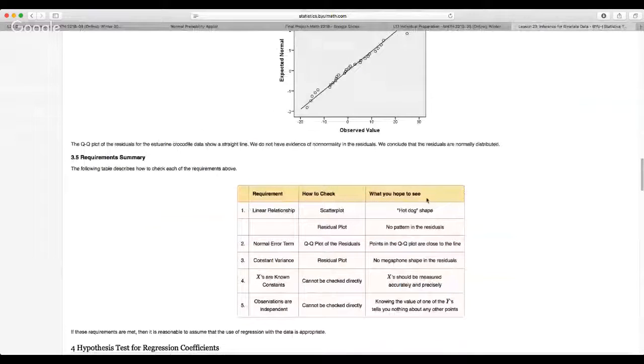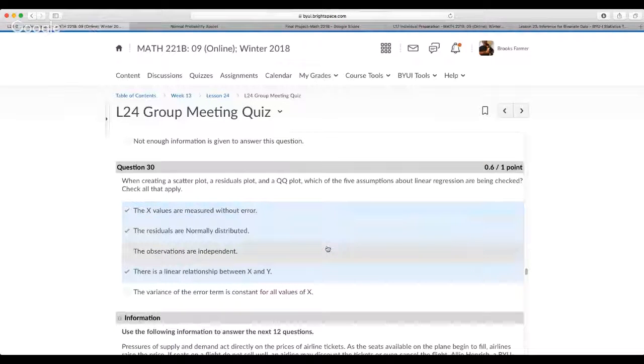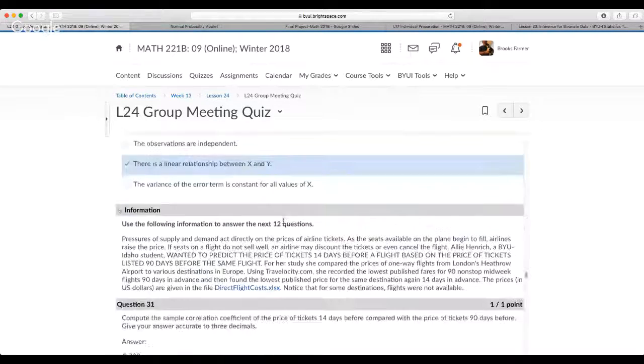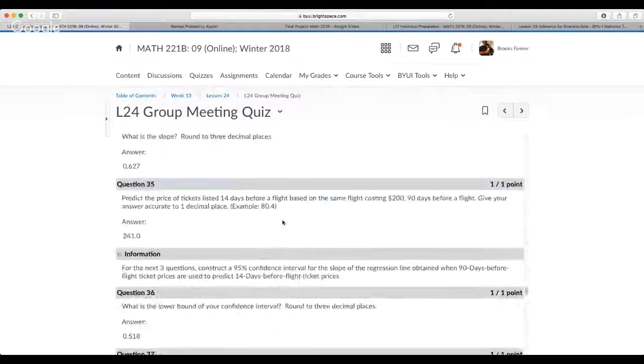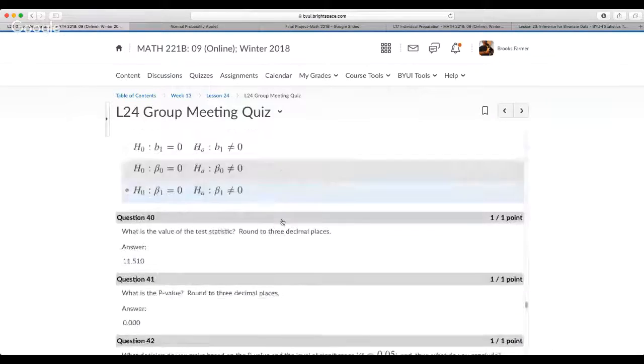Because linear relationship is being checked with the scatter plot and residual plot, normal error term is being checked with the QQ plot, and constant variance is checked with the residual plot. The other 2 cannot be directly checked. I see. So go ahead and put those in and let me know what you get. I do want to see if we can fix some of these errors. Okay. We keep going down. I mean, it looks good, to be honest.